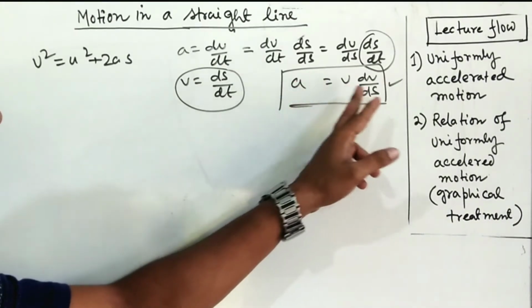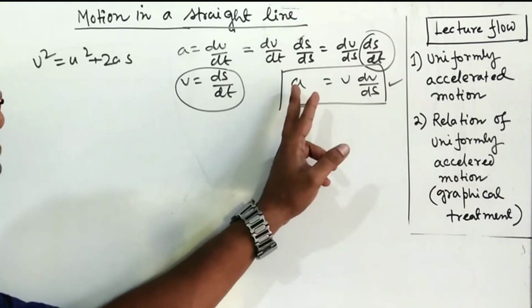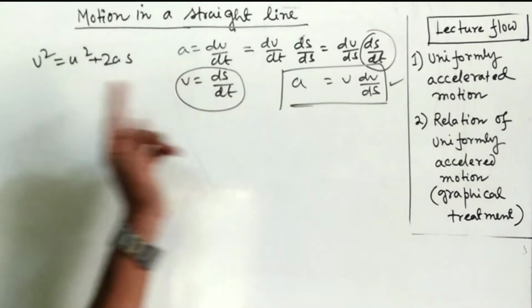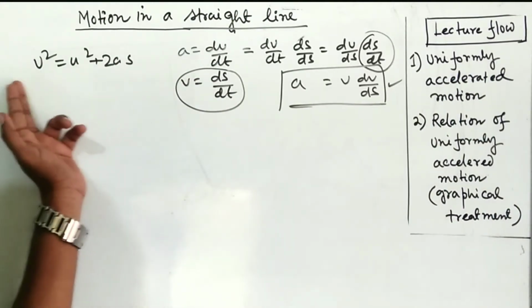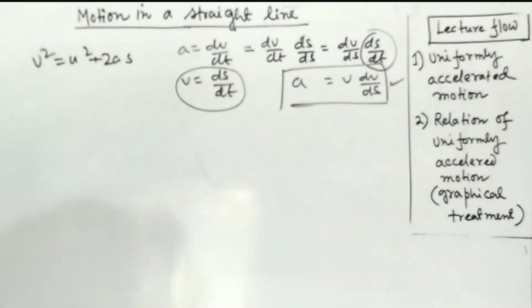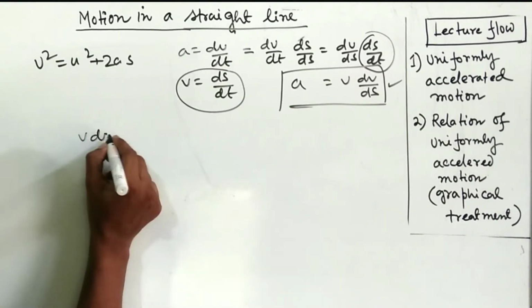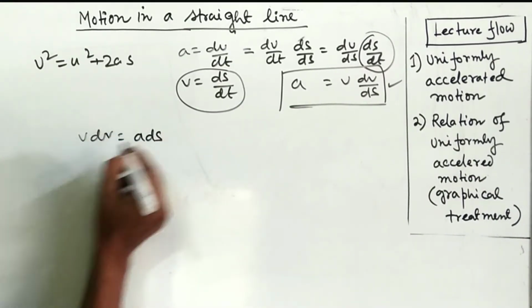You can see there is a formula, that is a relation between a, v, s without t. No term containing t, because we have derived this formula, that's why we have omitted the term t. Now from this equation we can write v dv is equal to a ds.